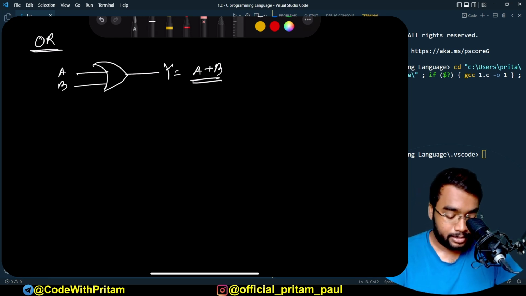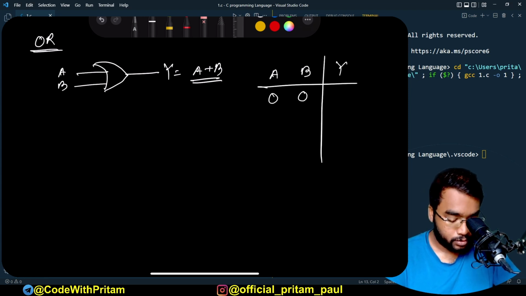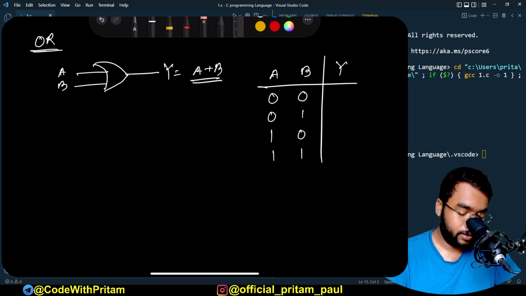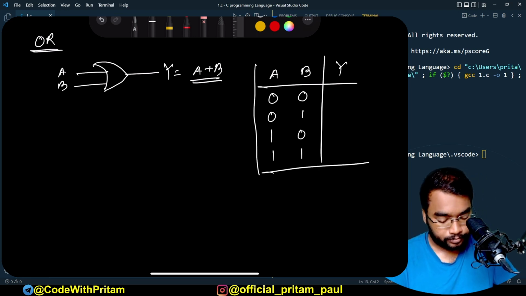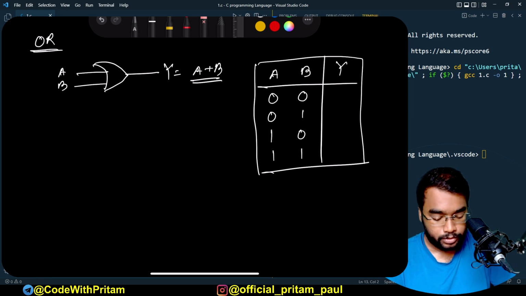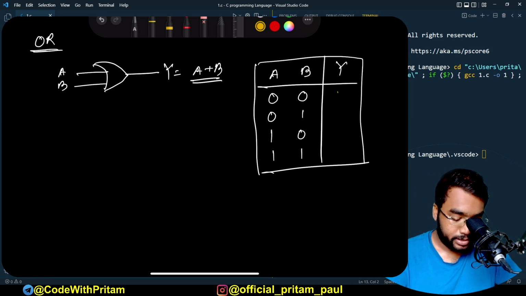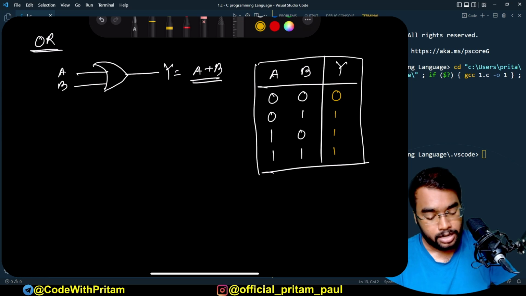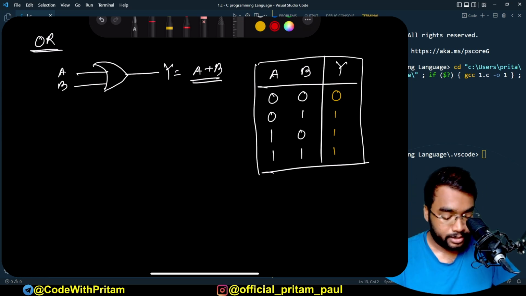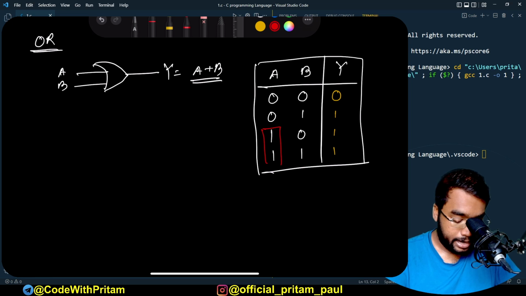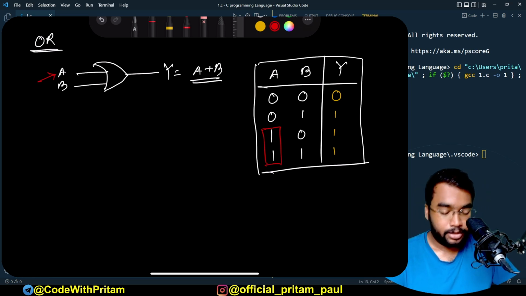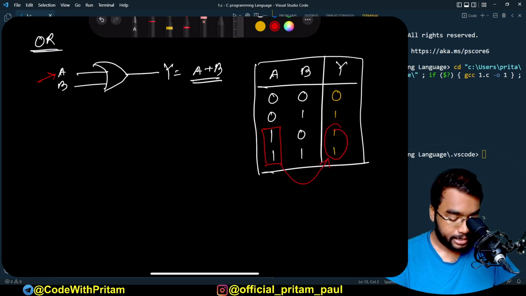So let's try to make the truth table: 0 0, 0 1, 1 0, 1 1. What will be the output? The output will obviously be 0 1 1 1. You need to understand one thing: when this input is 1, the output is 1. You can directly say it; we do not need to check what exactly B is.